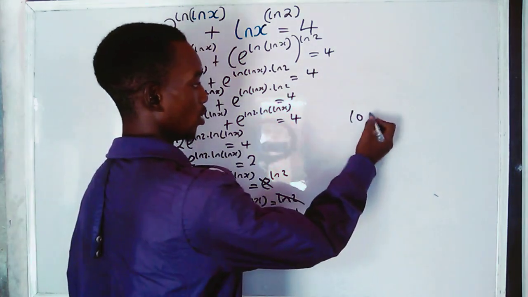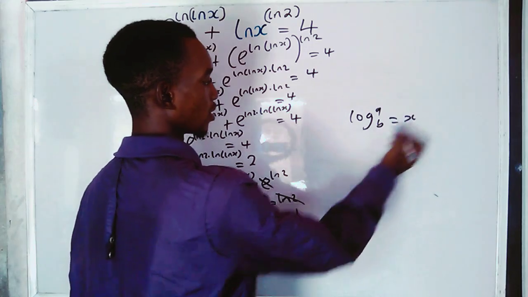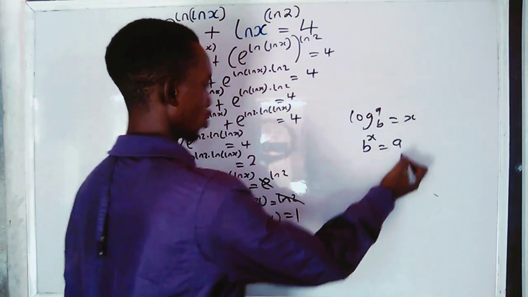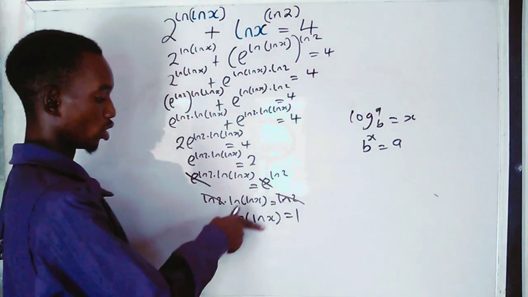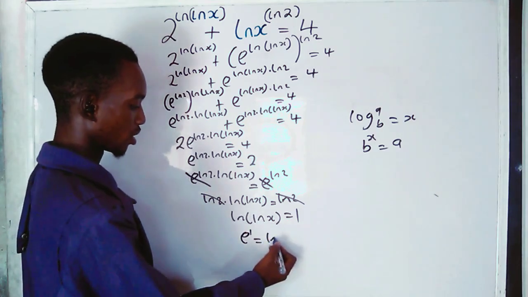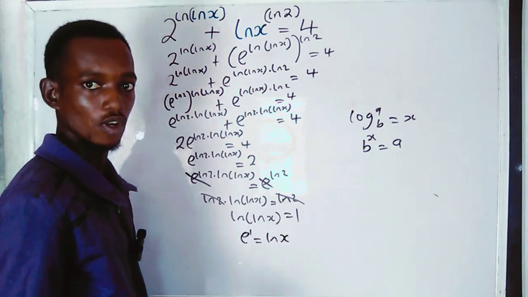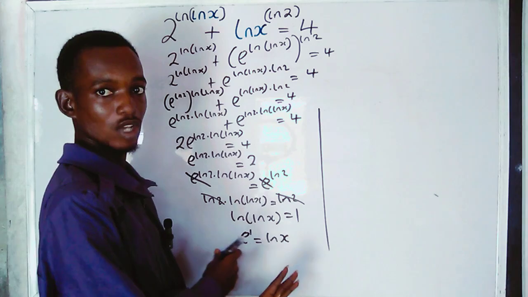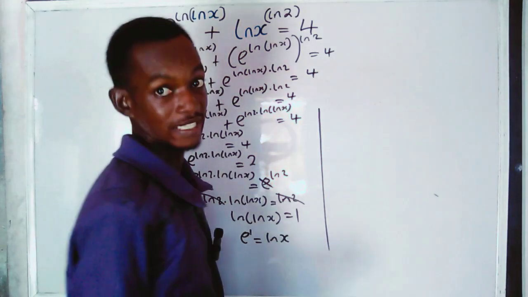That's log base b of a equals x. So to express this in index form, we have b raised to the power x equals what? a. That's what we're going to do here. This one has a base of e. So e raised to the power 1 will give us ln x. Are you following? Let's continue here. Now, I'd rather we flip this equation so as to make it look nicer.